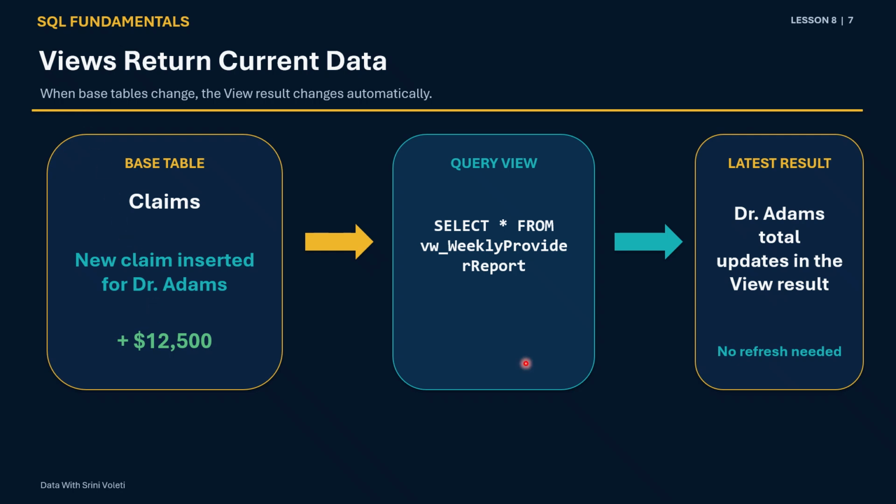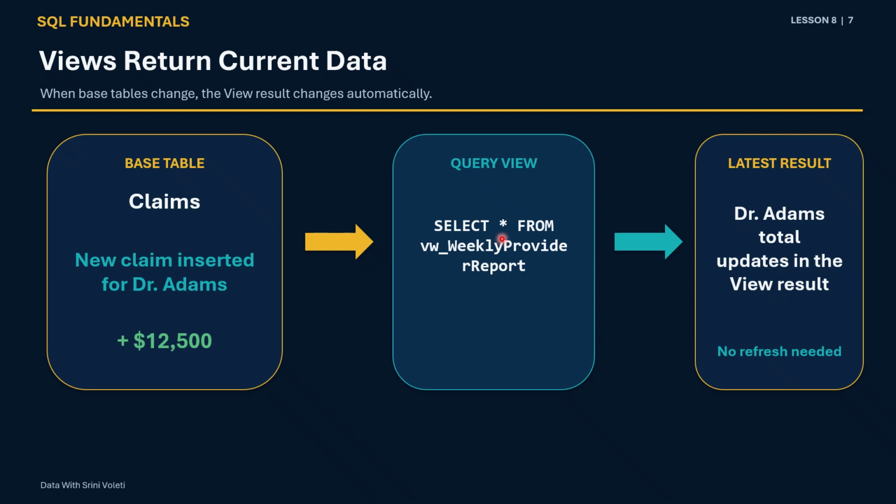Now let us widen the horizon. A view depends on its underlying objects. If the view references claim.claimAmount and someone changes or removes that column, the view can be affected. This is why database changes need dependency awareness. It is also one reason experienced developers are cautious about select star inside long-lived views.